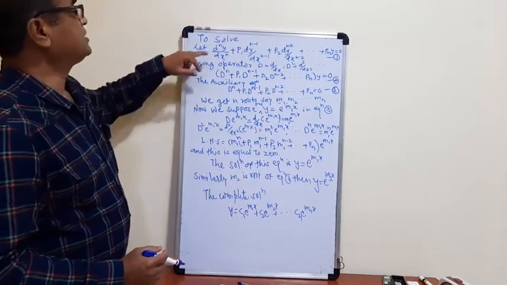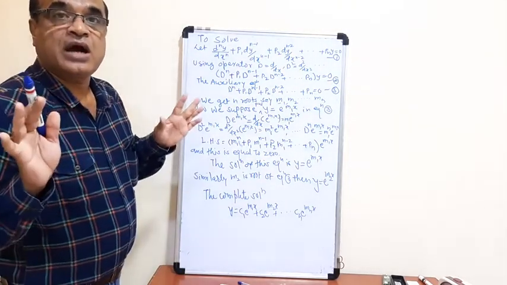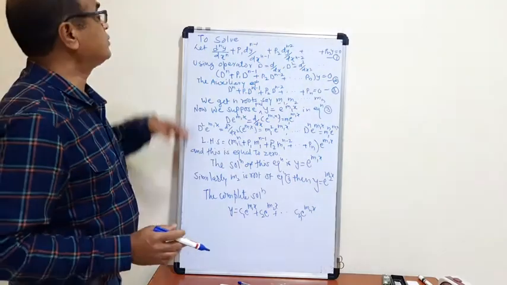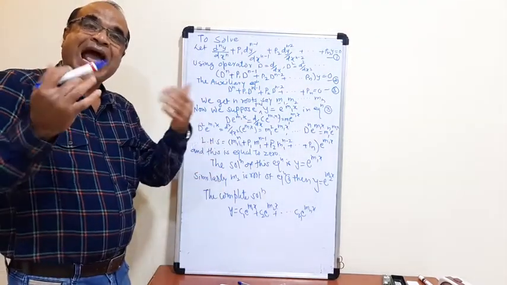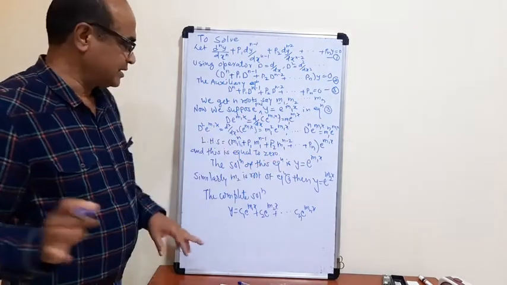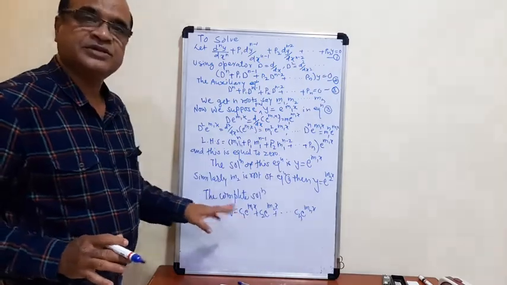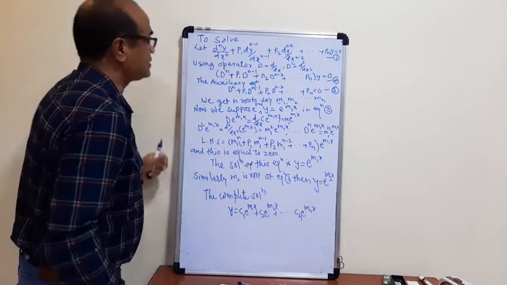Because this equation is an nth order differential equation, so its order is n, and its solution has n constants. So this is the complete solution of the differential equation.